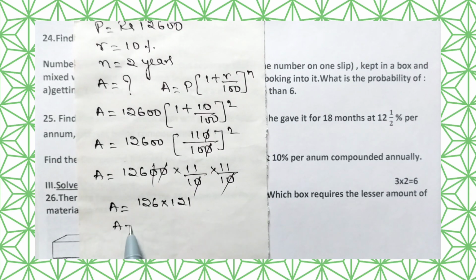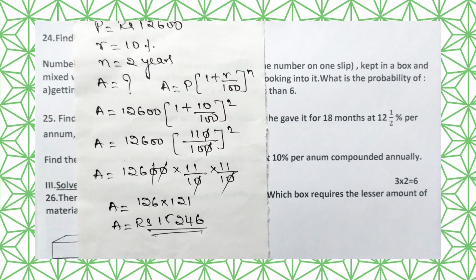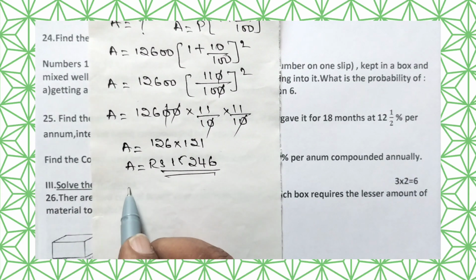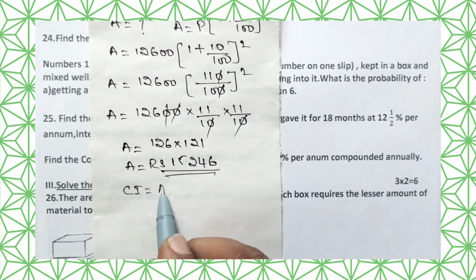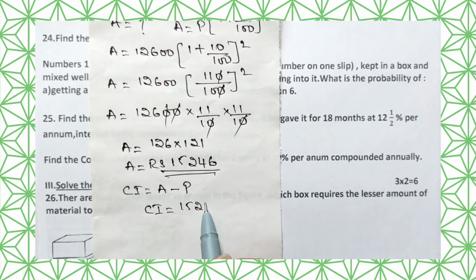So total amount is equal to, if you multiply the two, we will get rupees 15,246. So this is the total amount, but we need compound interest. So compound interest is equal to total amount minus principal amount. So compound interest is equal to 15,246 minus 12,600.